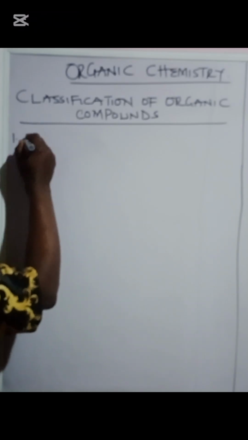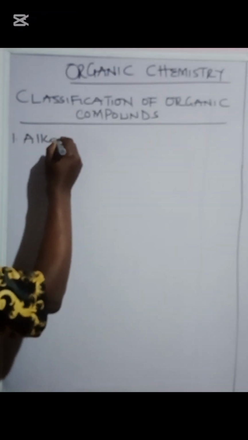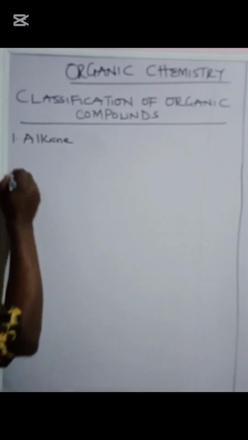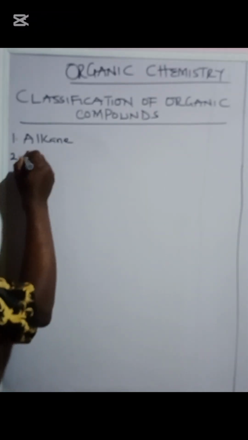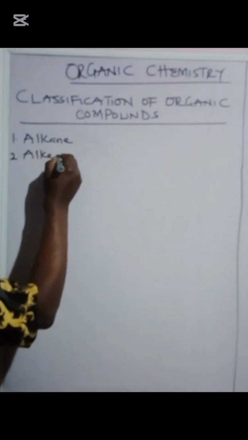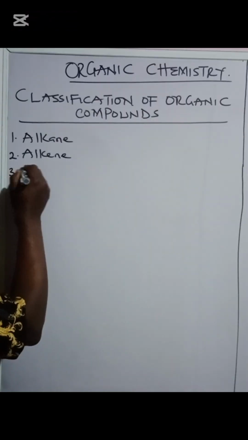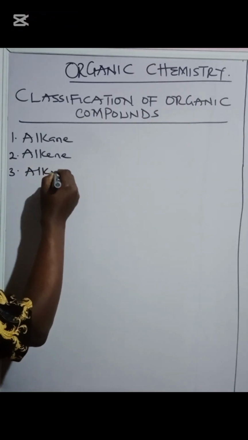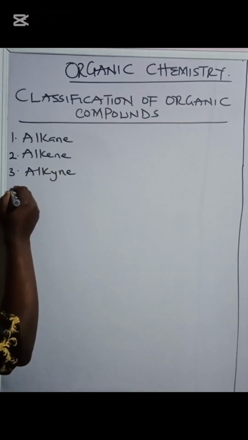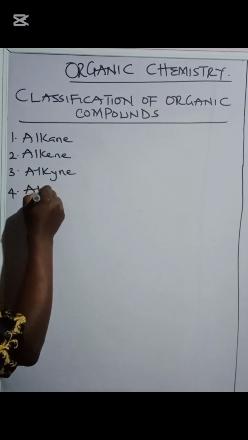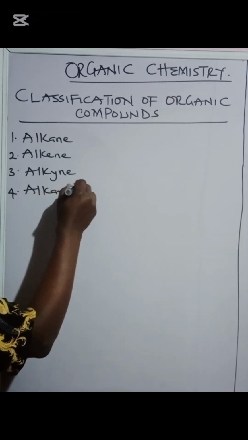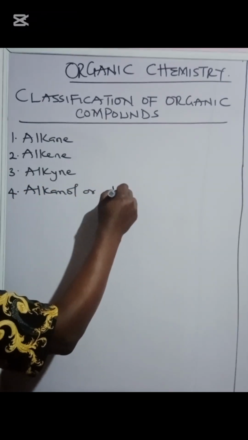The first class, we call it alkane. 2, we have alkene. 3, we have alkyne. 4, we have alkanol or alcohol.